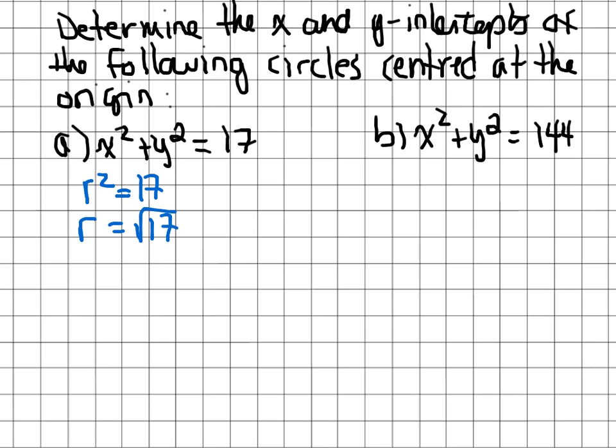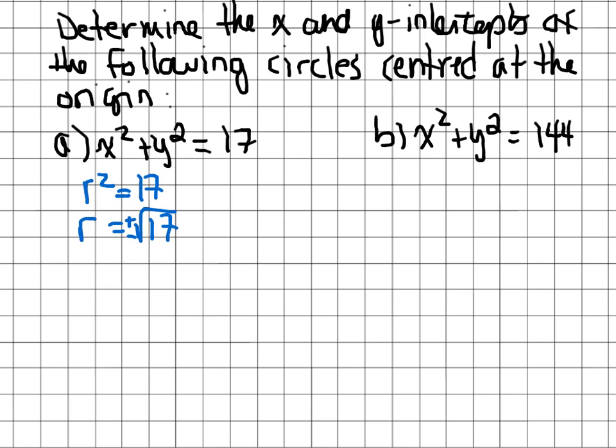Now, in this situation, because we have both a positive and a negative square root, we can move either way. If we're looking at the x-axis, going from the origin, we move to the left the square root of 17 units to get to the negative x-intercept.